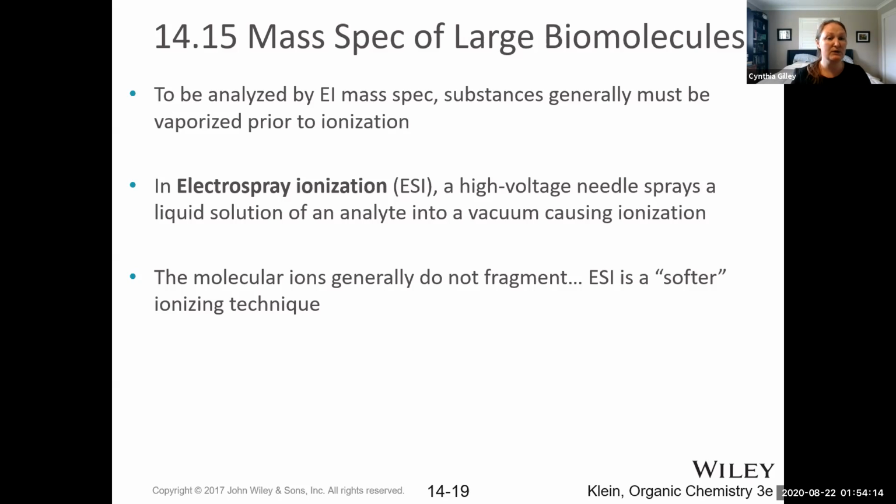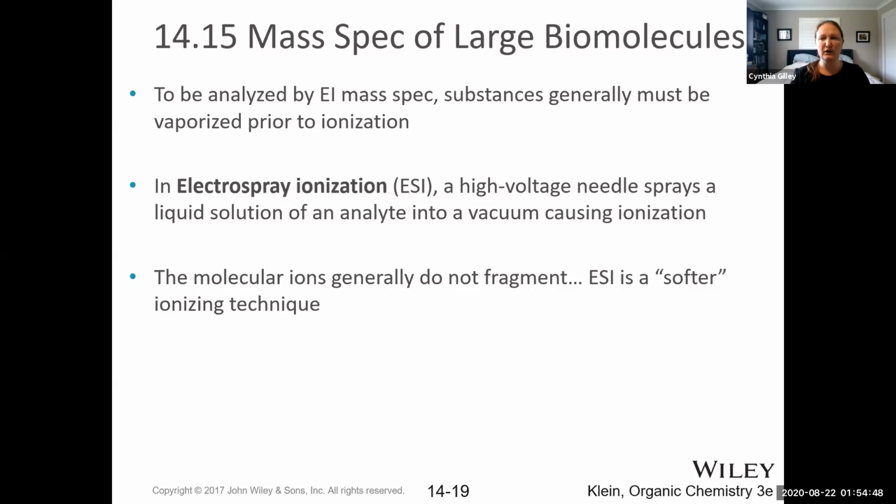All right, so to be analyzed by electron impact, generally the samples have to be of a low molecular mass or molecular weight. Basically they have to be able to be volatilized with heat, so they have to have a fairly low boiling point in order to be vaporized effectively, to get into the gas phase to then be bombarded by the electron stream.